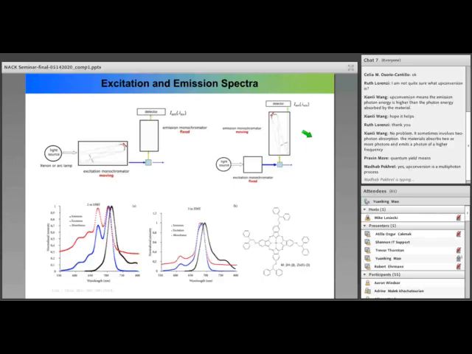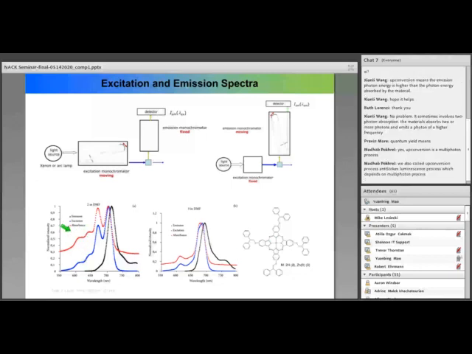Just as I mentioned earlier, I really want to show you the difference between the absorption spectrum and the excitation spectrum. I used this molecule as an example, and you will see that the peak positions of the absorption spectrum and excitation spectrum are the same, because the energy levels don't change.